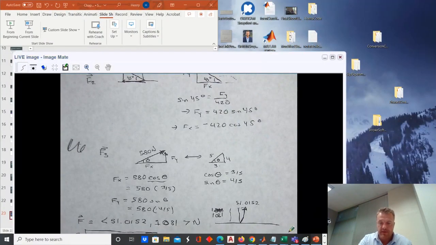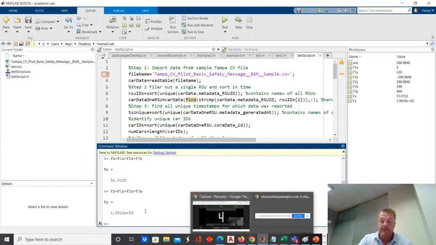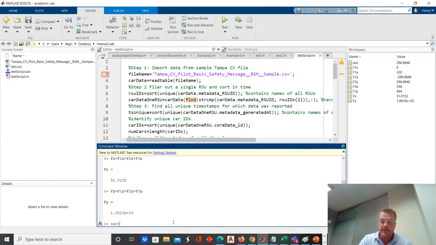Going over to MATLAB, it's going to be, hopefully everyone knows, very similar to just the y magnitude. So if I take the square root of fx squared plus fy squared, I get something that looks just like the magnitude in y, because that's basically what it is. Rounding and using our engineering notation, to 3 sig figs, this is 1,082.2 newtons.